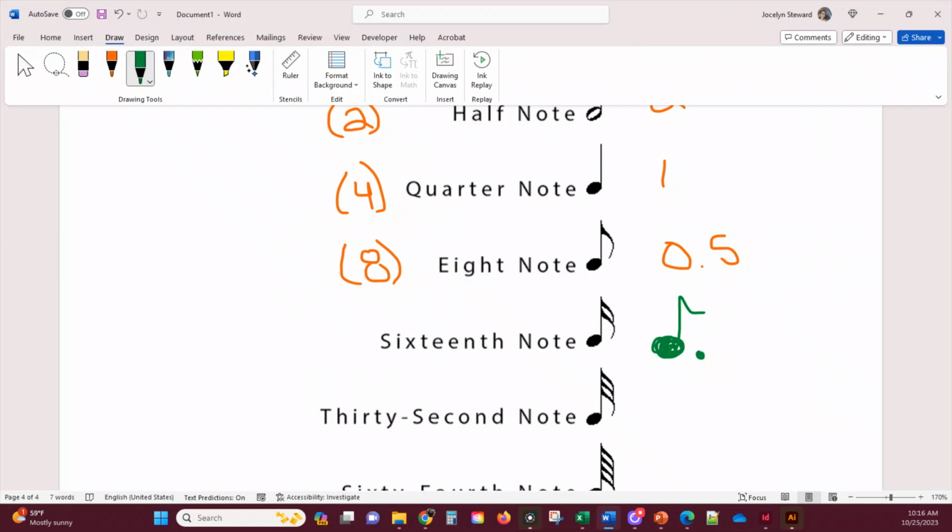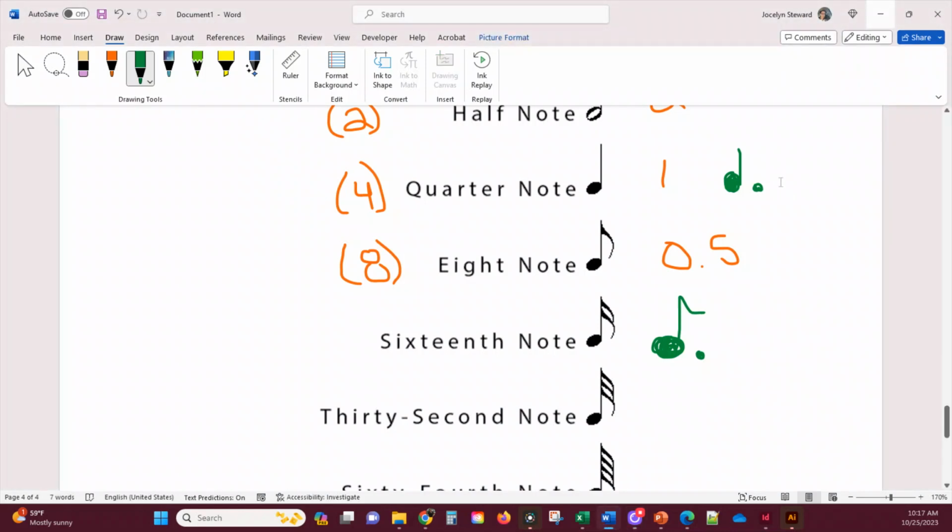You might also see this like this. And that is a dotted quarter note. But the question is, how many does it get? The dot adds half of whatever beat that is.